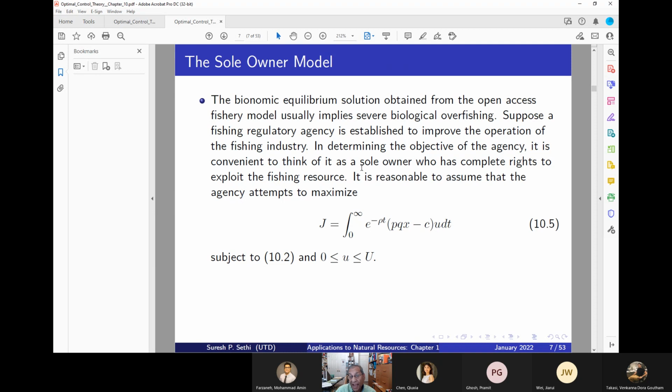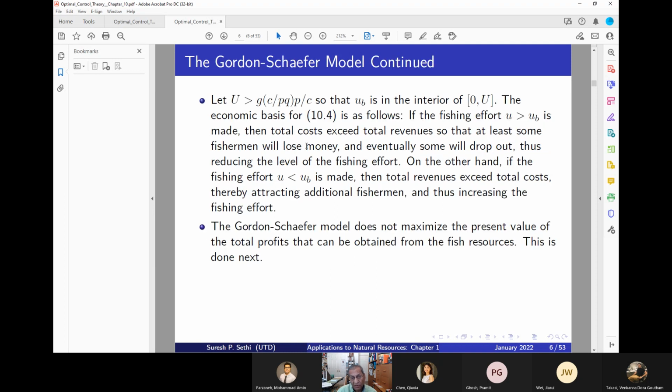Now we're going to do the actual optimal solution. And the optimal solution is going to be as follows. In the sense that at bionomic equilibrium, there is overfishing. That means it's not good for society to have an open access fishery.